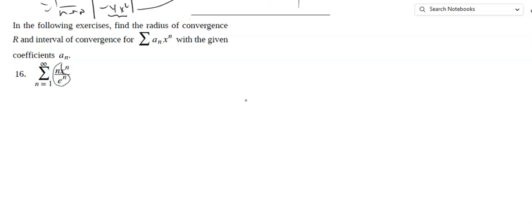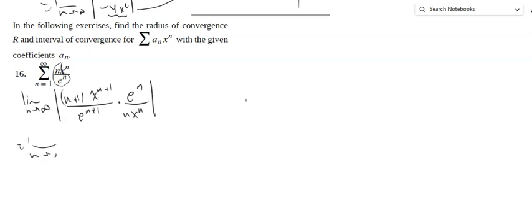That's not geometric, unfortunately. I'm going to take the limit as n approaches infinity of a sub n plus 1, n plus 1, x to the n plus 1 over e to the n plus 1. Instead of dividing, I multiply by the reciprocal.